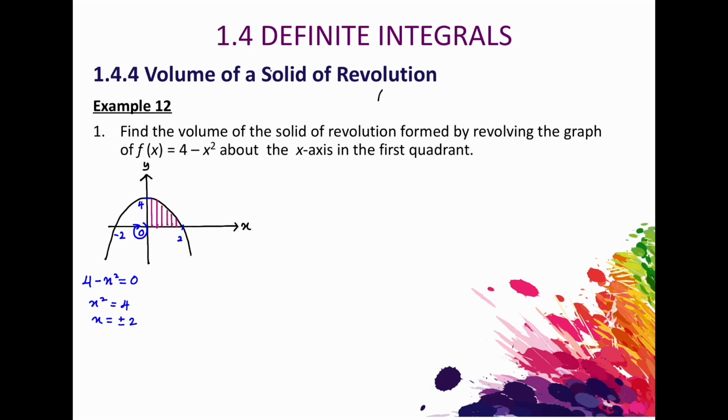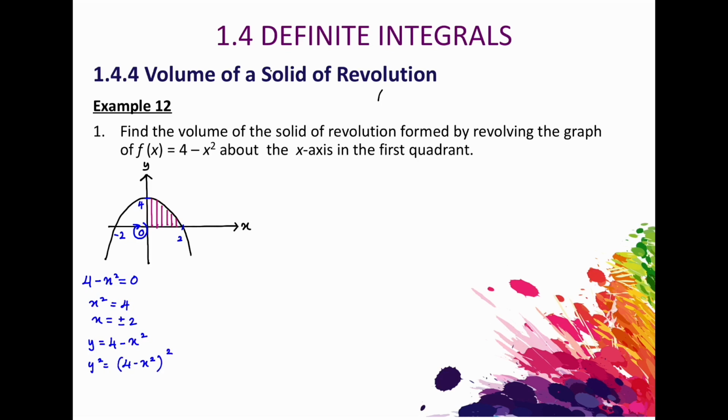Before we integrate, we need to express y squared in terms of x. We have that y is equal to 4 minus x squared. So y squared is equal to (4 minus x squared) squared.